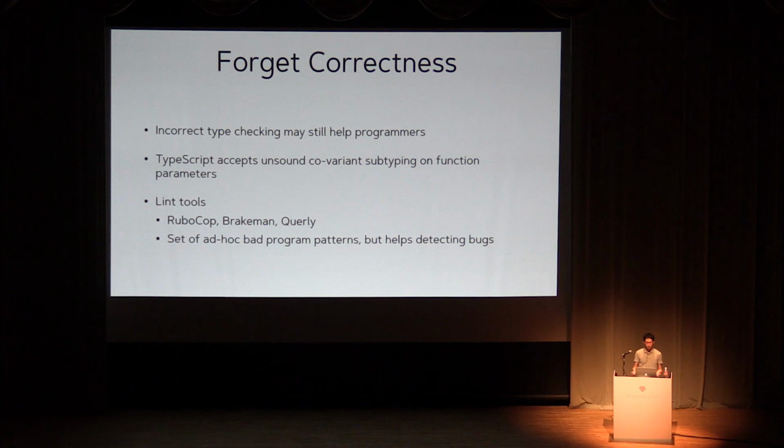I cannot say whether they are correct or not, but they are sometimes useful. We can use the tools and find some bugs in your source code. So this is when we stop keeping the correctness.